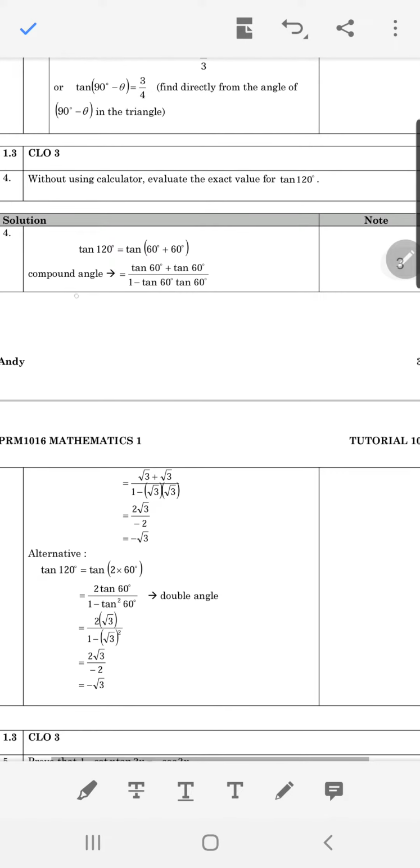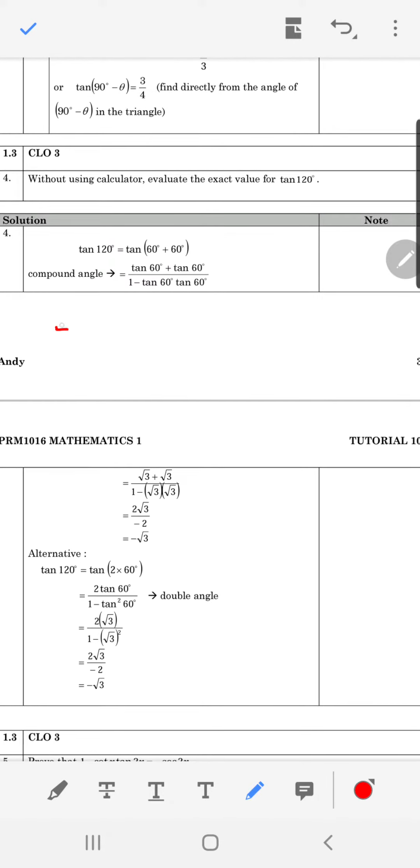Again, tangent 2 theta is equal to 2 tangent theta over 1 minus tangent square theta. So you fill in the tangent 60 degree. Tangent 60 degree is square root 3. So you can get the answer also.